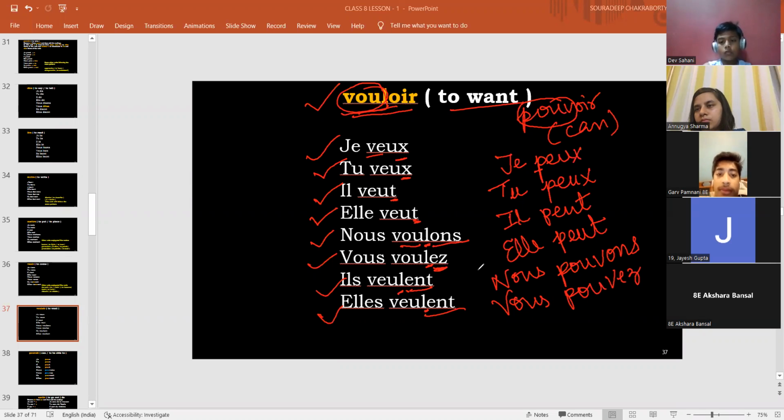Pouvez. Here we are not writing L, because V is there in the verb. L is not there in the verb. Here in vouloir, L is there, and here in pouvoir, V is there. That is why we write V here. And next, il. What are we writing here?